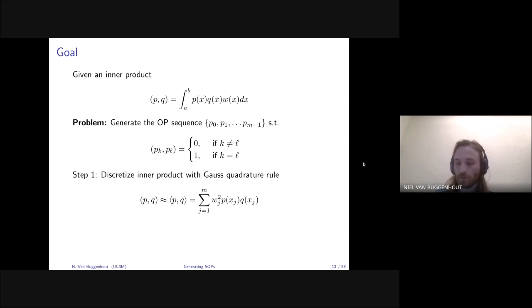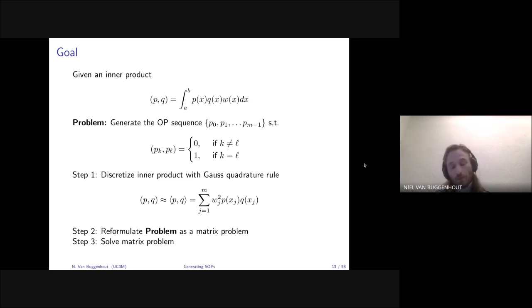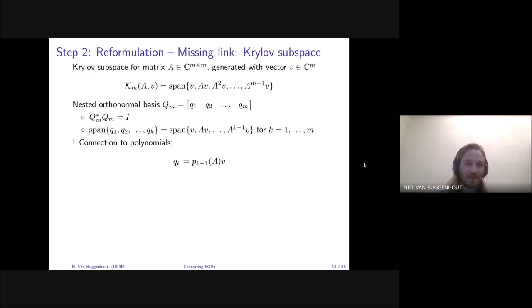The first step is to discretize the inner product with a Gauss quadrature rule so that we have these nodes xj and these weights wj. Then, 2, we reformulate this problem, generating orthogonal polynomials, as a matrix problem. And then 3, we solve the matrix problem.